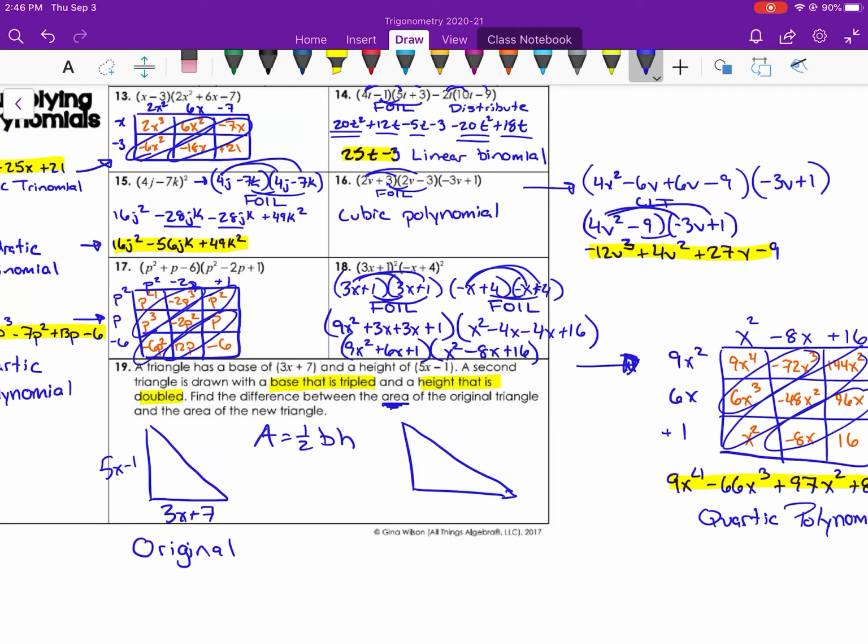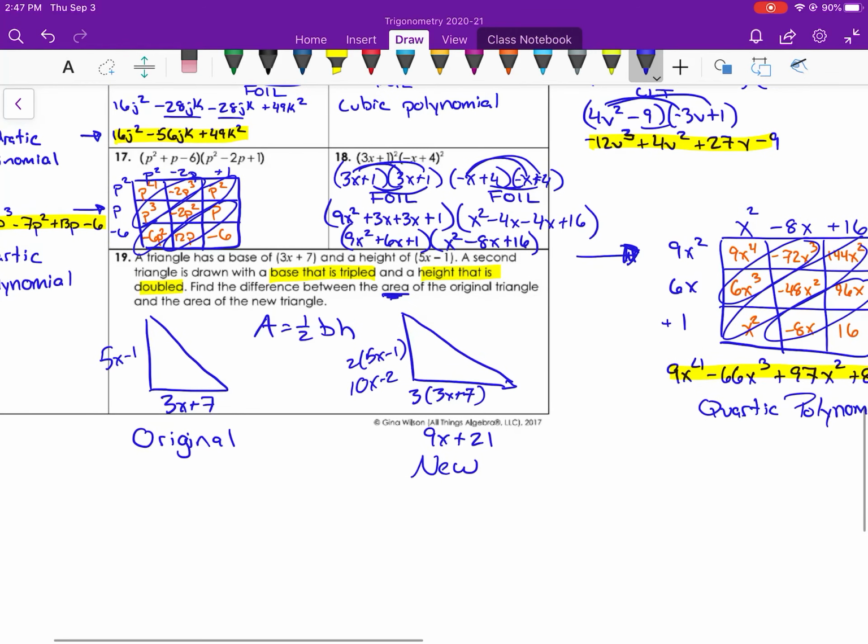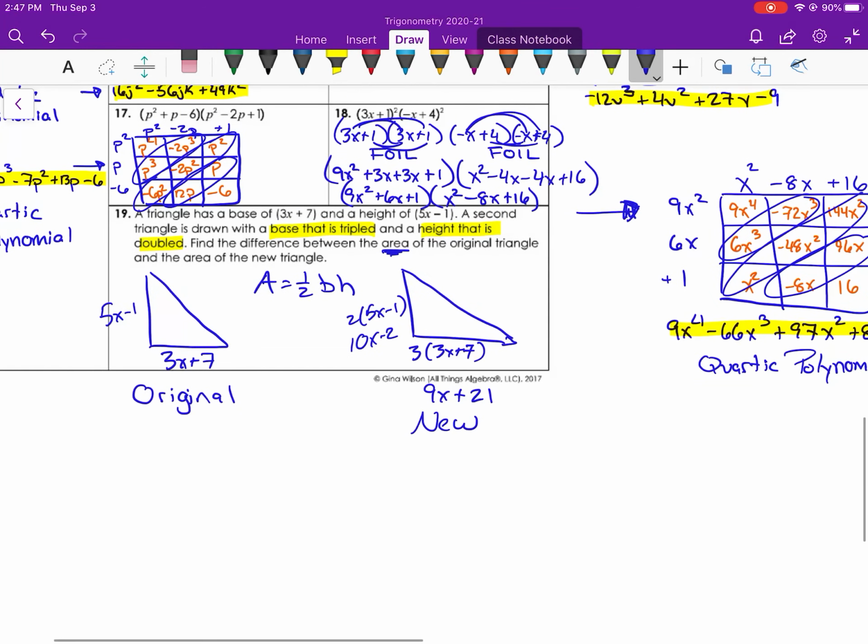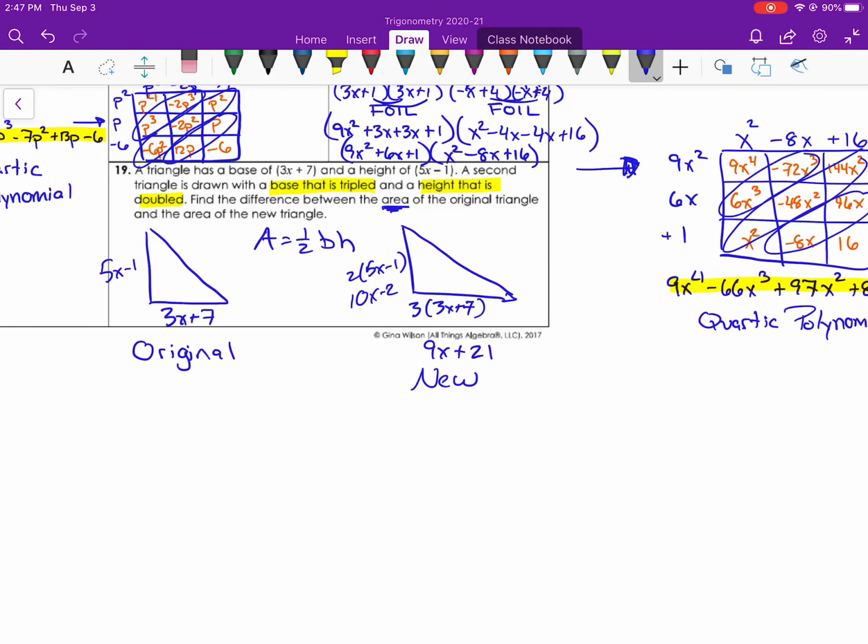So for my base, it's 3 times 3x plus 7, which gives me 9x plus 21. And then for my height, it's 2 times 5x minus 1, which is 10x minus 2. Alright, so we have to figure out the difference in the area of these two triangles.